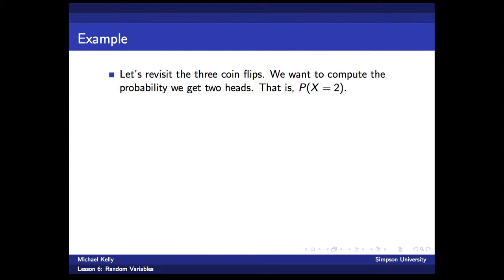So now let's revisit the coin flips. We want to compute the probability that we get 2 heads, or in other words, the probability that X equals 2. Remember that probability is a map from the power set of omega to the real numbers, so the probability needs a subset of omega.